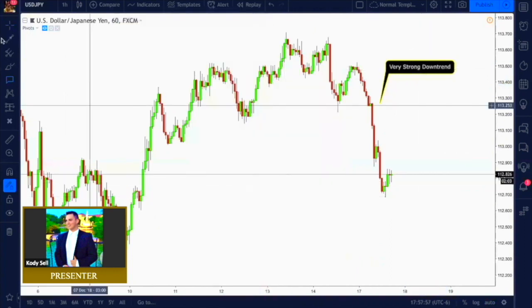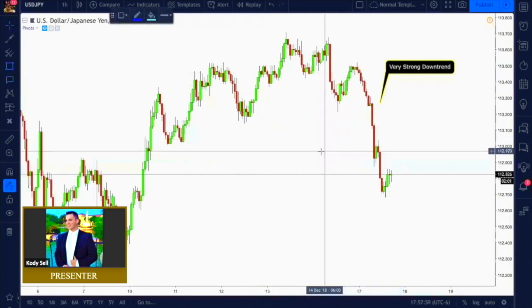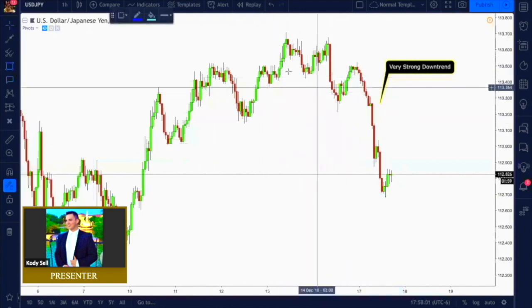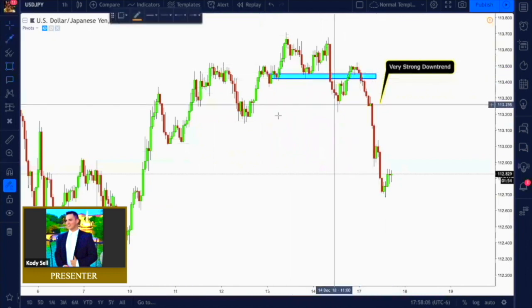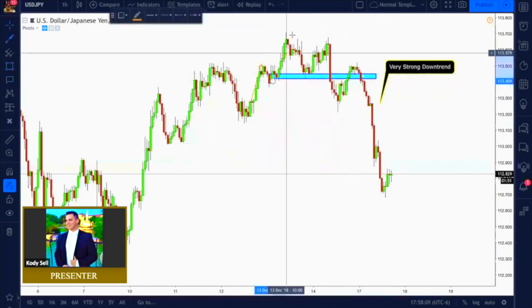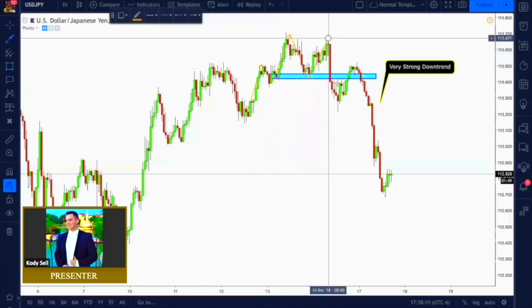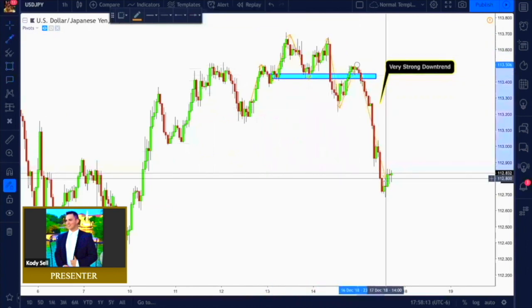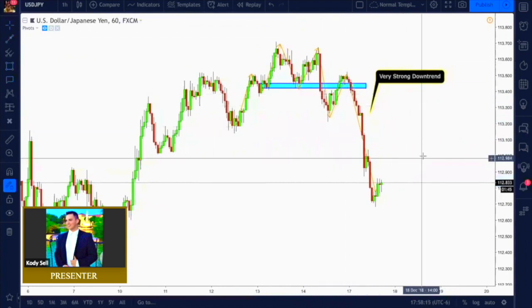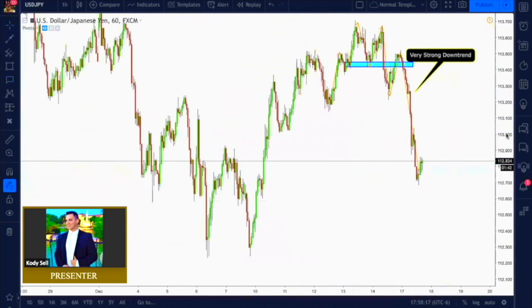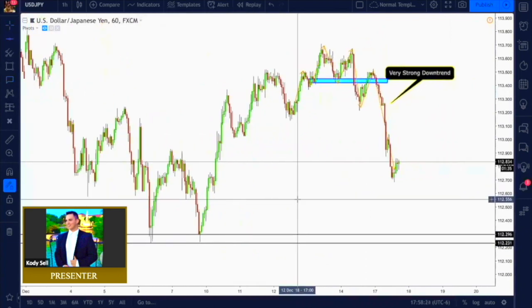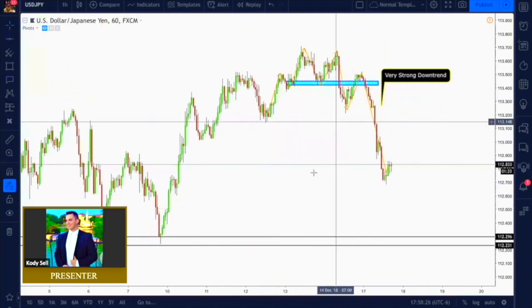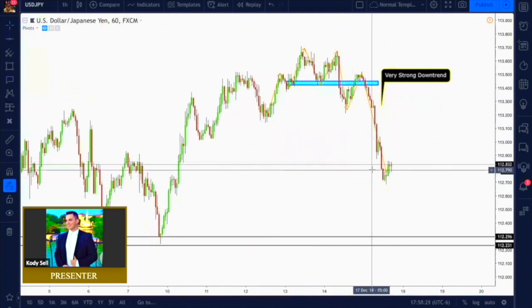I'm noticing that we had a lot of supports here that were broken. So our structural support was broken up here. You guys can see we were making higher highs and higher lows. And then we busted through that, retraced, and then continued down. I'm pulling back, and I'm seeing that we have significant lows coming up down here.